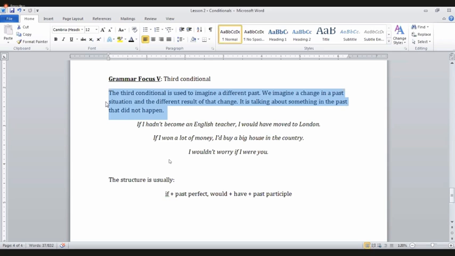Okay, let me explain. The third conditional is used to imagine a different past.